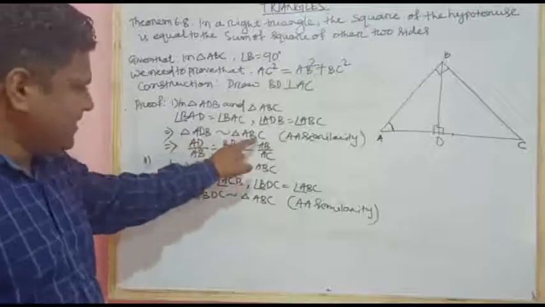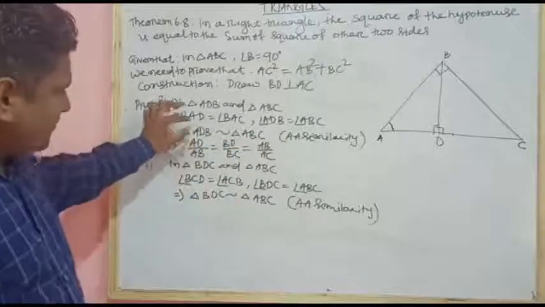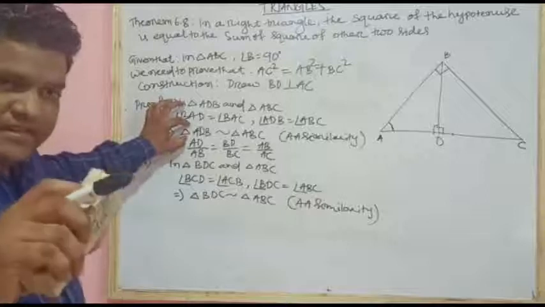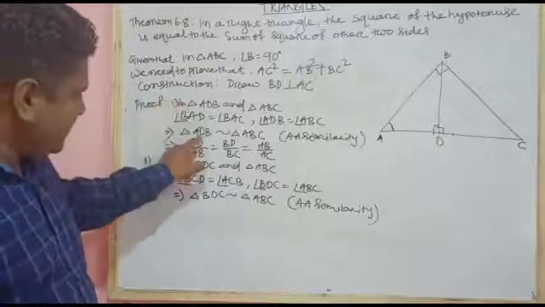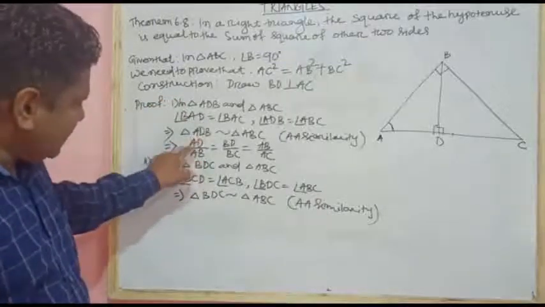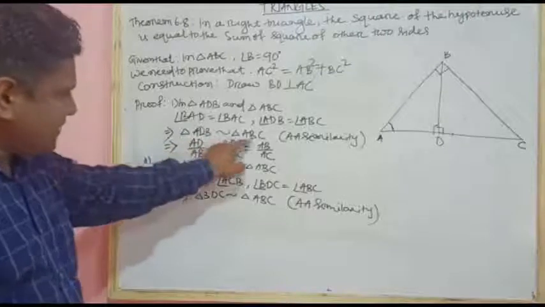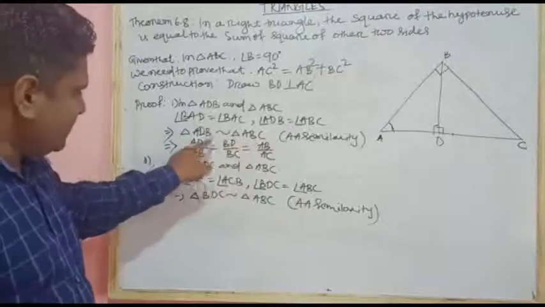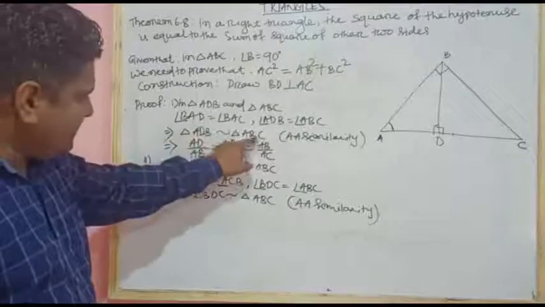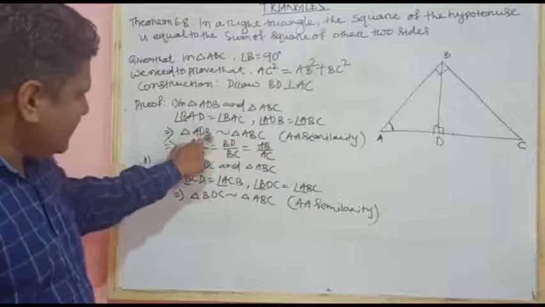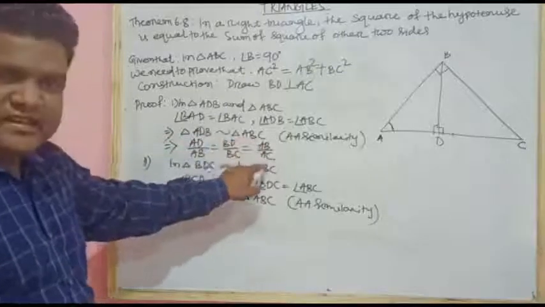So angle B and C are equal. When we write in proper sequence, we get BD by BC and AB by AC here.